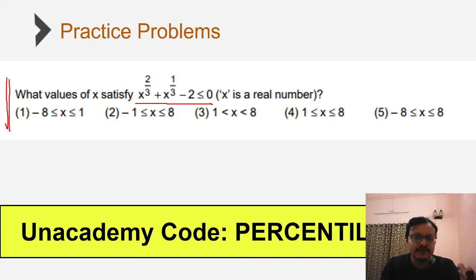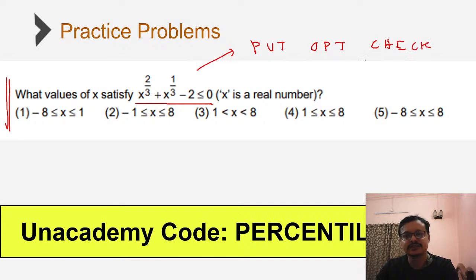Again, the easiest way would be to put in options and check. Take some easy values, put in those options and see which ones are satisfied.